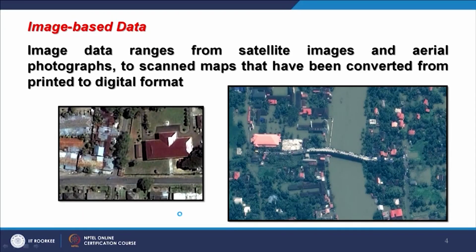Another type of raster data is the image data, and two examples of images are shown here. Both have rectangular shapes, though they can also be square. The one on the left is a colored aerial photograph, and the one on the right is a satellite image of very high resolution.